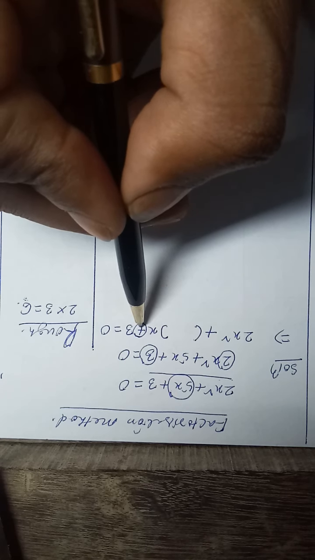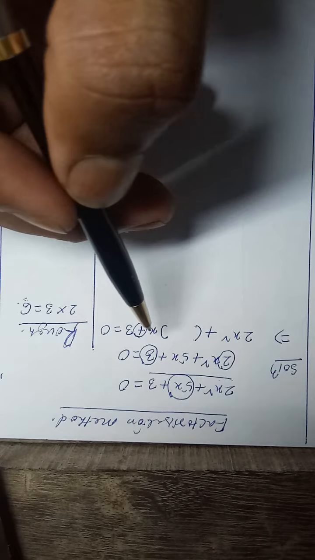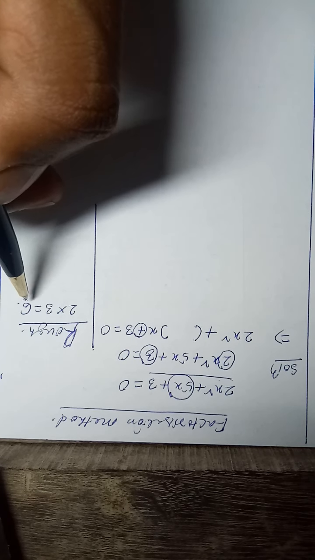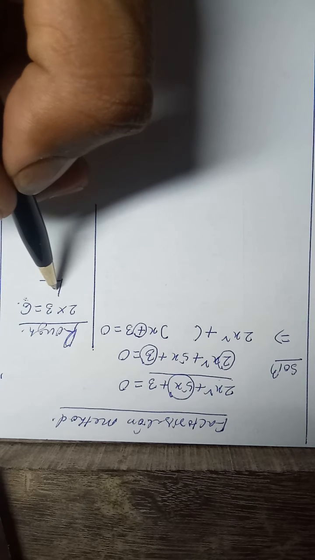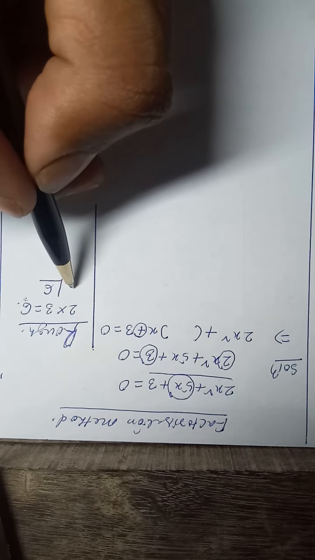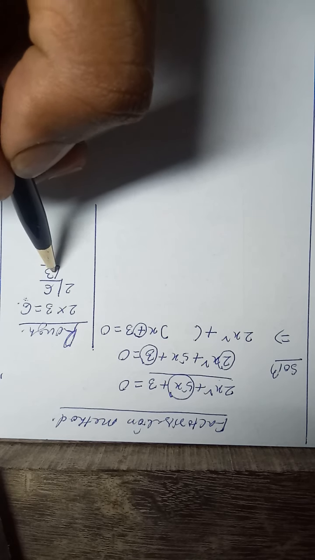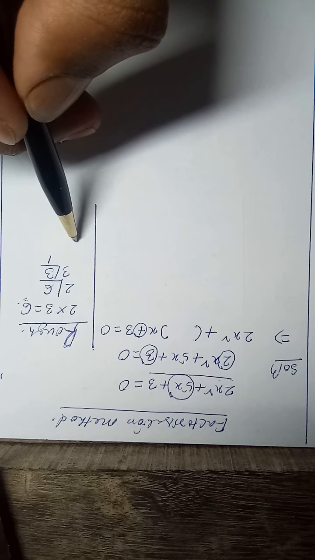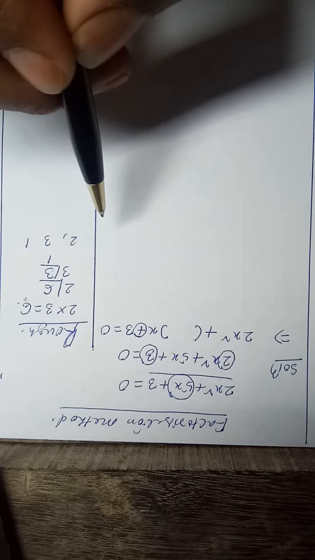But here it is positive, so both numbers will be positive, and they will be found from the 6, so we have to find the prime factors of 6. Then 6 is divisible by 2, 3 times, and this 3 is divisible by 3 itself, 1 time, so the prime factors of 6 are 2, 3, 1.